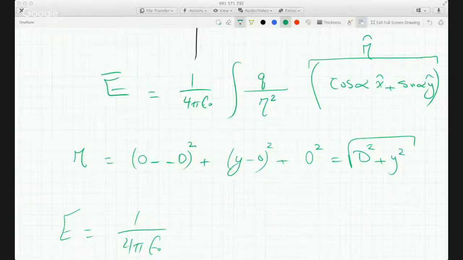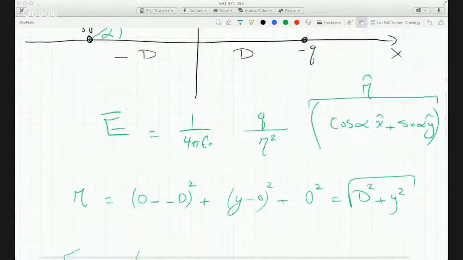By the way, we don't need an integral here because this is just a point charge. There's no need for an integral.